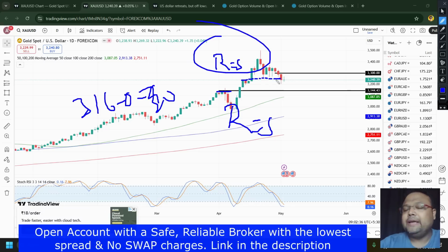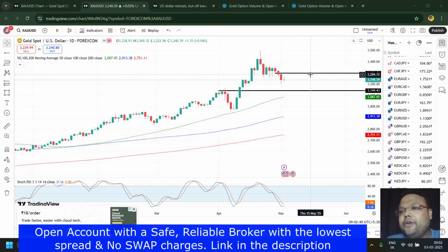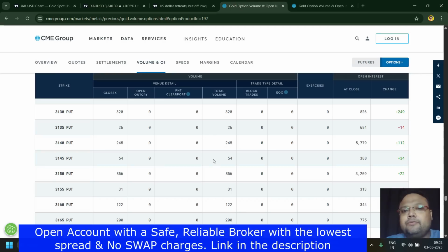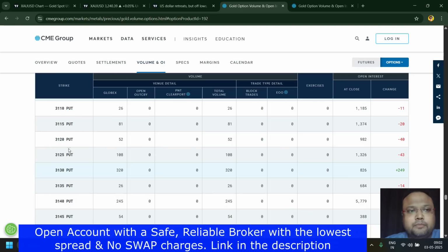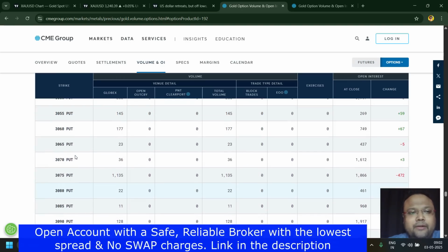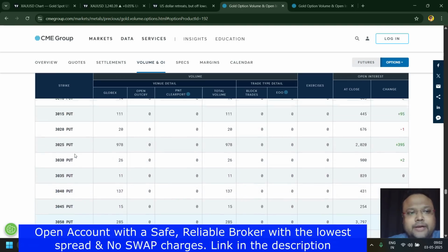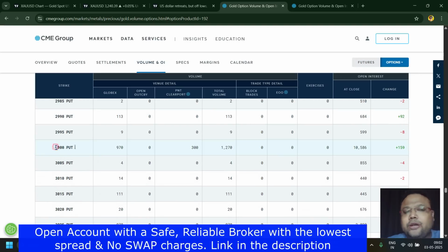Okay, but the reason behind these two black lines is that 3300 is a resistance and 3150, 3130 is a support because of this option chain data. Okay, this is the put data here, you can see we have the highest number of contracts standing at the 3000 level.